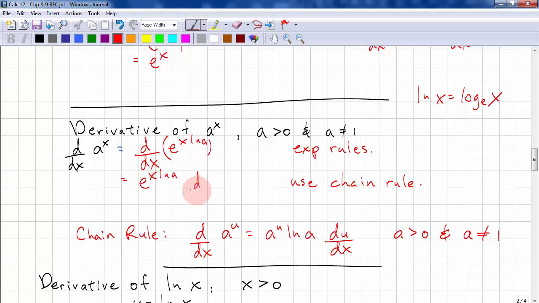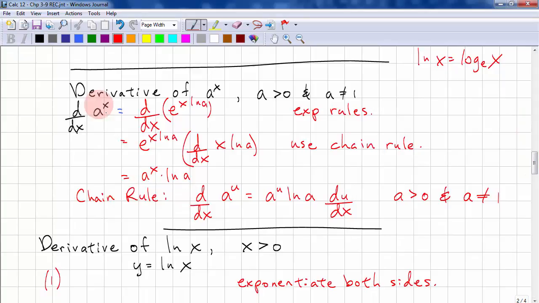Now we need to take the derivative of the exponent. Now we can substitute this back, a to the x. And the derivative of this, it's just a constant times x, so ln a. And that's our derivative.